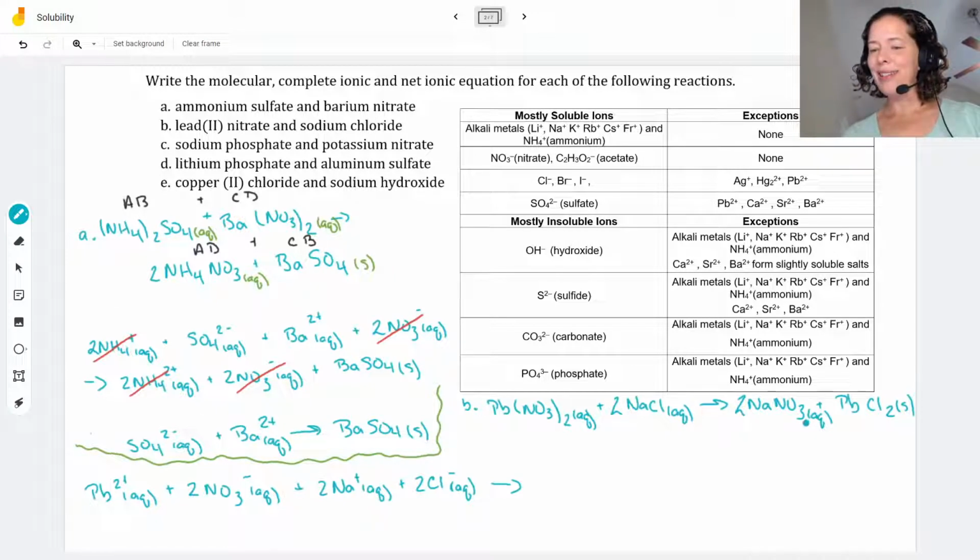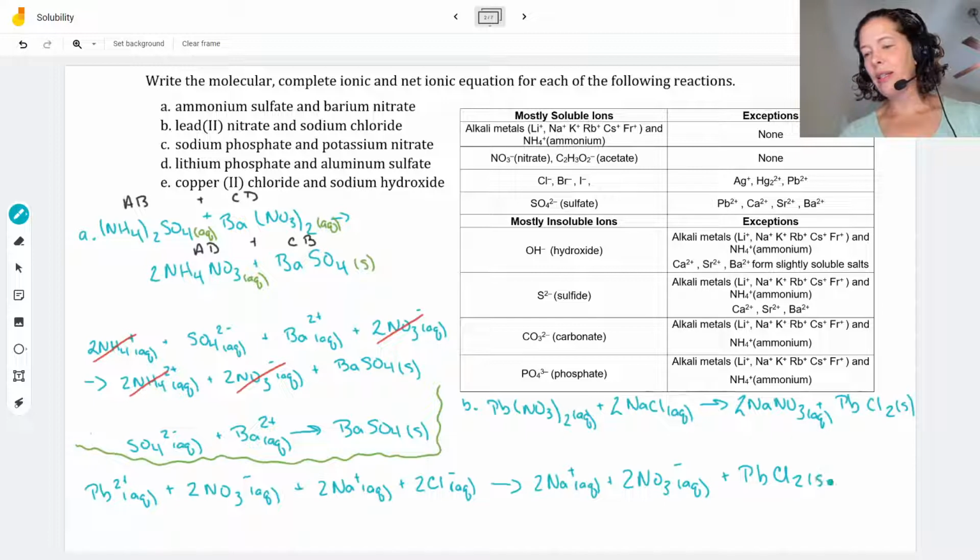Okay, sodium nitrate. Don't forget your 2's. So I have my sodium cations. They are aqueous. And my nitrates, they are also aqueous. And I leave my lead 2 chloride alone because it is insoluble and it is a solid.